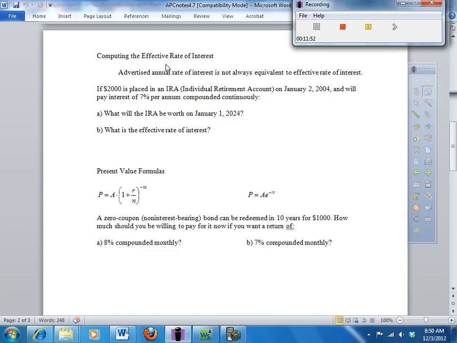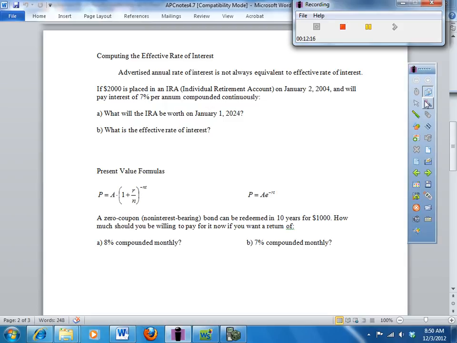Okay, so now we're gonna figure out the effective interest rate. If $2,000 is placed in an IRA, individual retirement account, in 2004, they'll pay an interest rate of 7% per year compounded continuously. What will the IRA be worth on January 2024?